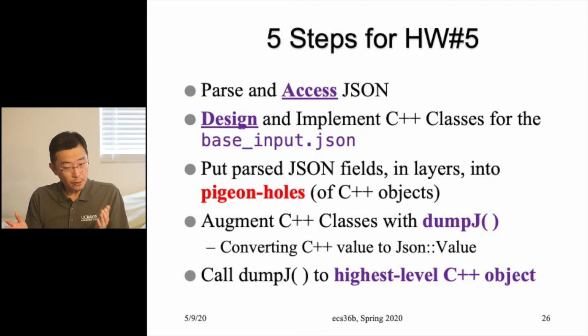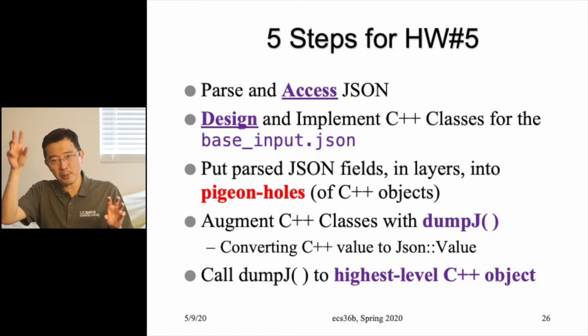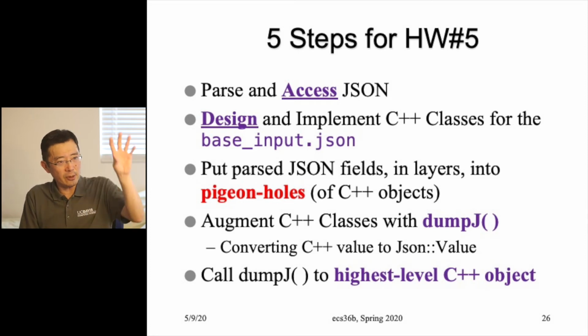Okay. So you design the C++ class. You know how to access each field of the JSON. And number three, I consider number three the hardest, the most tedious. It's what I call pigeonholing. Essentially what you have is a bunch of C++ objects or classes you design, and over here, you need to access every single element in the JSON.